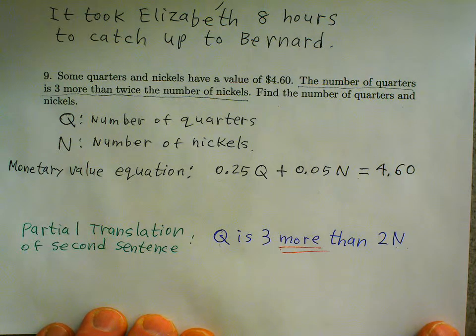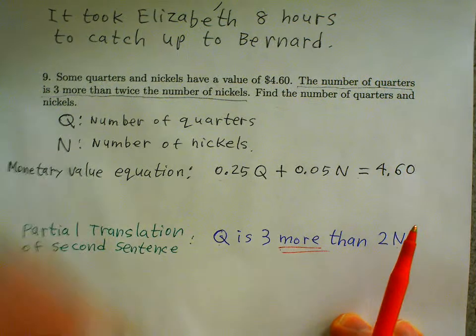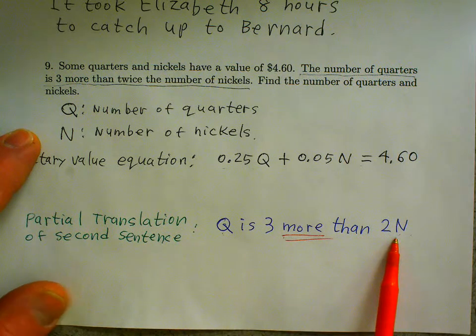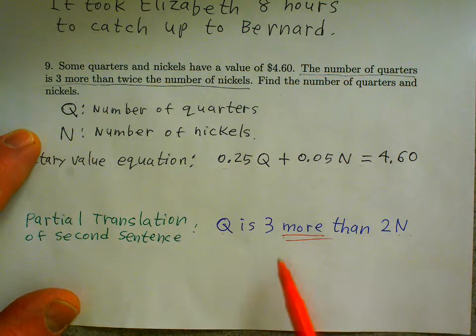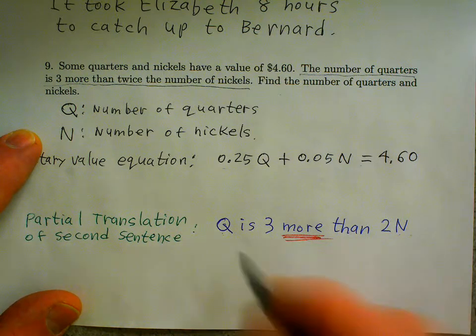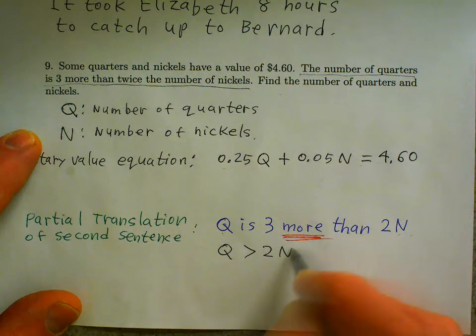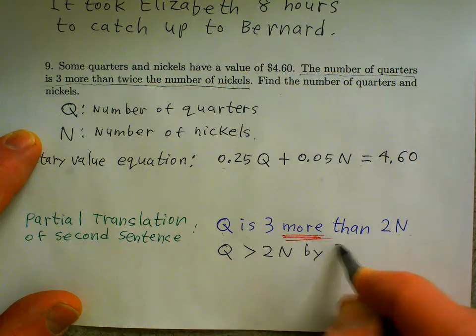But if it's not immediately apparent how to get an equation out of that, there's perhaps something else you can do. In this statement, it's saying that Q is greater than 2N by 3.